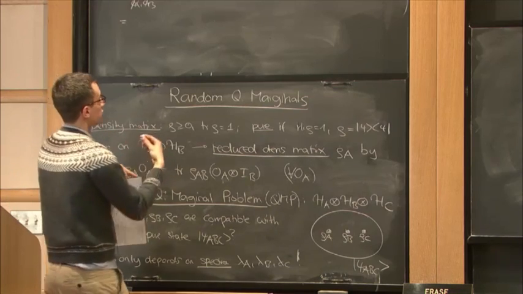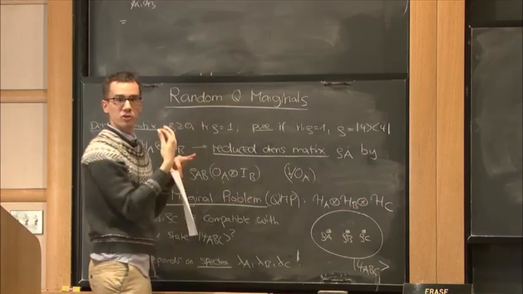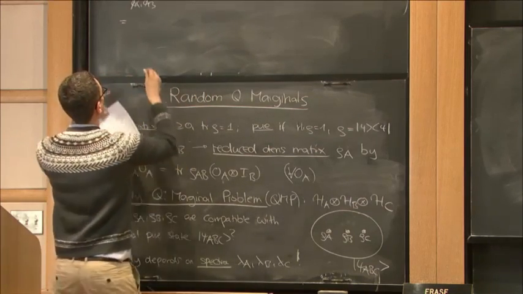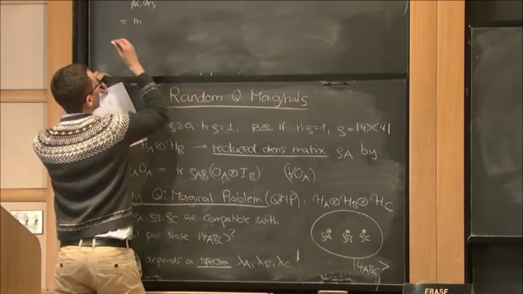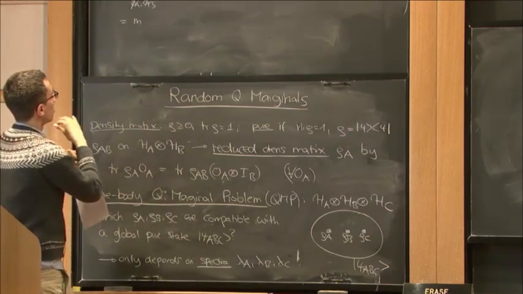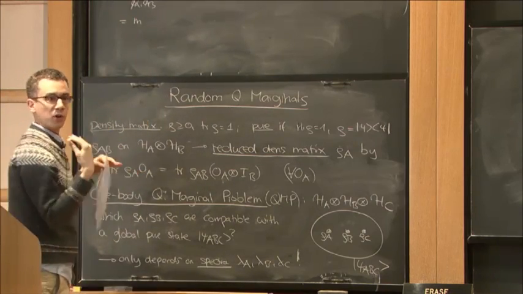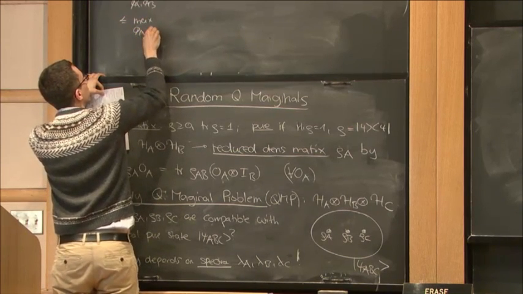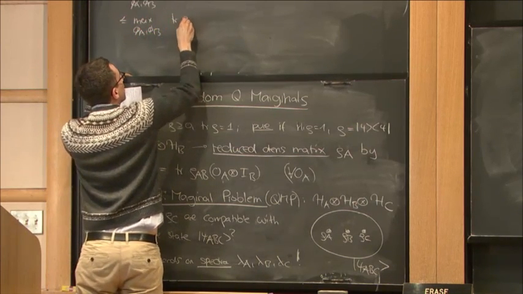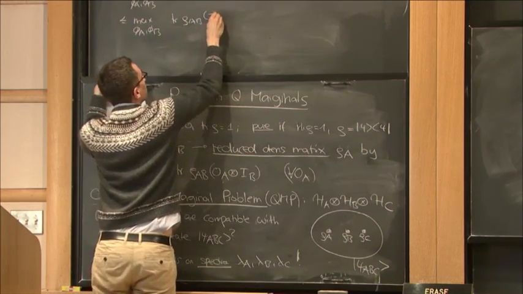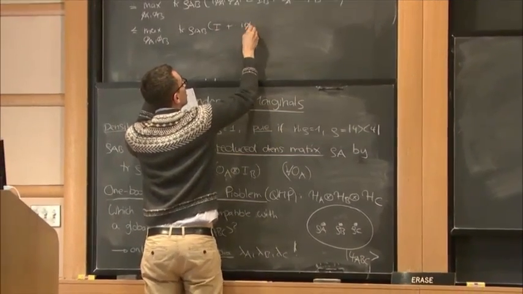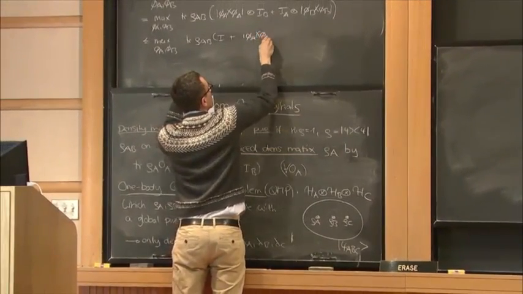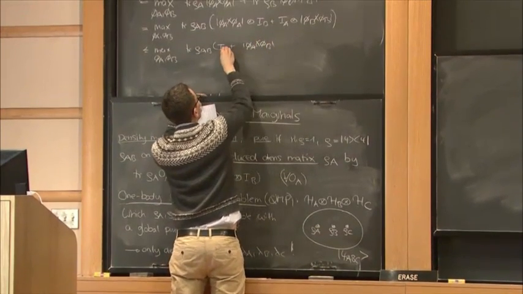And there's one term too much, namely the projector on phi A tensor the projector onto phi B. And if I only want to get an upper bound, I can just add in this missing one. So this is less or equal to max over phi A, phi B of trace rho AB times the identity, plus the term that I had twice, but I already have it once in the identity on AB.